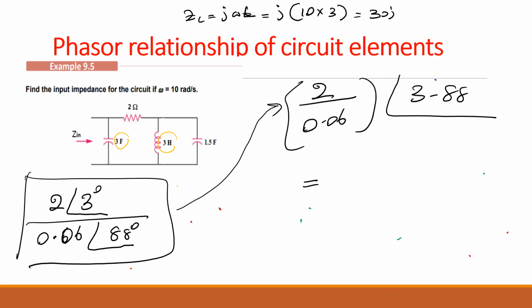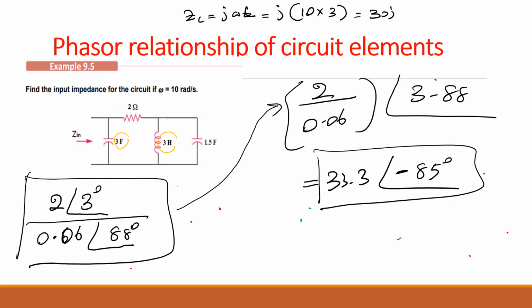Is that right? You can subtract the angles and you can divide the numbers. So you get 2 divided by 0.06, what's that? 33.3 and your angle will be negative 85 degrees. Okay, so you have converted this to polar form.